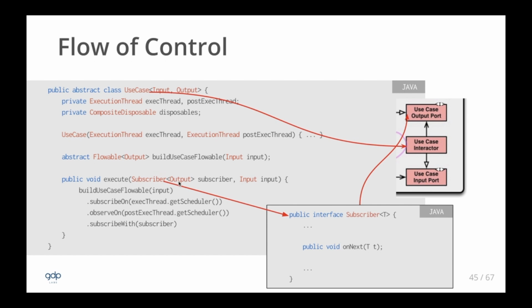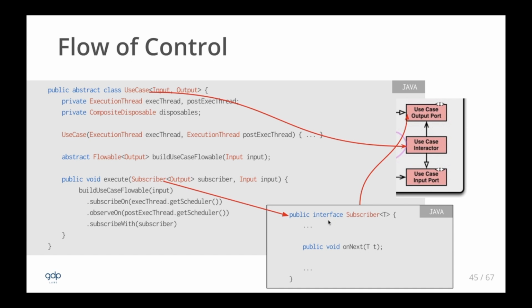It receives two parameters. The first one is subscriber, and this is an interface. This is an interface from another library, RxJava, and about RxJava, it's a whole another discussion.